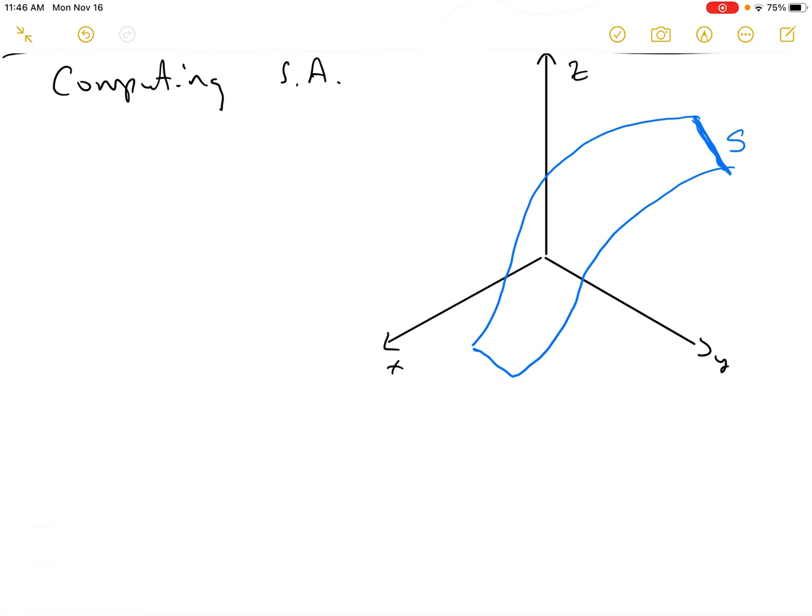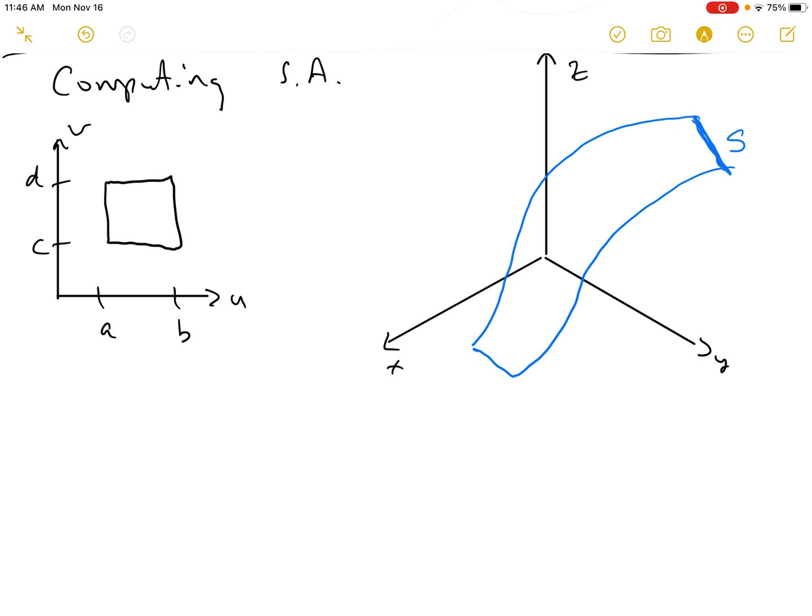So over here, I'm going to put my parametric domain in the UV plane. Just like before, we're going to go from A to B and from C to D. Okay? And so we get this. Sweet! I knew that would work.